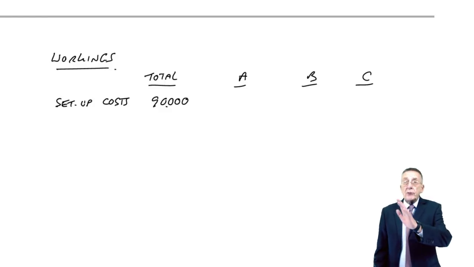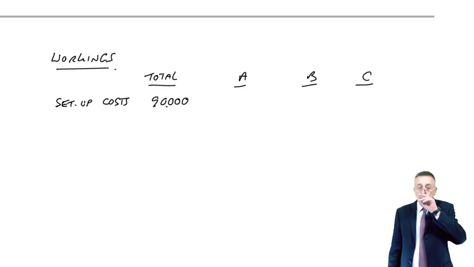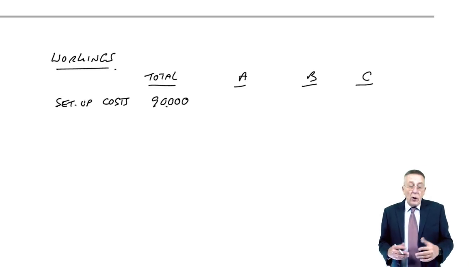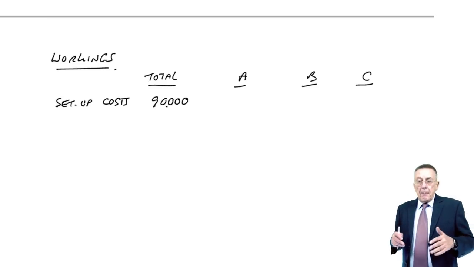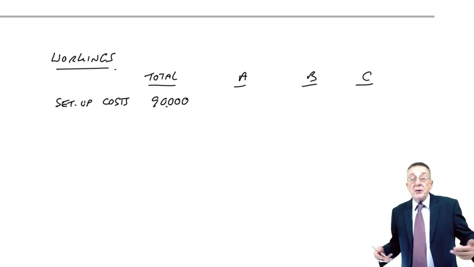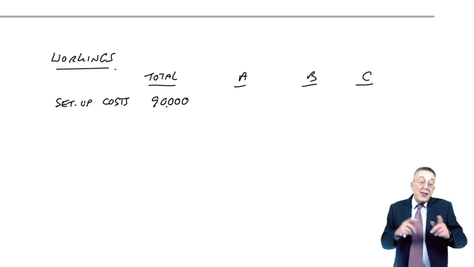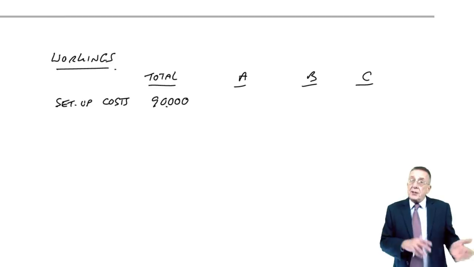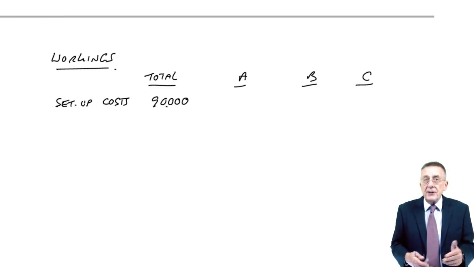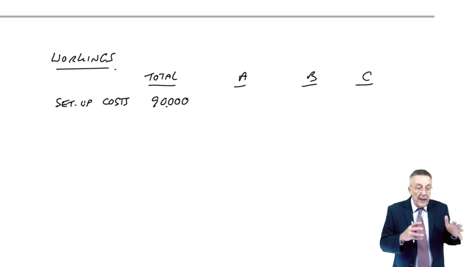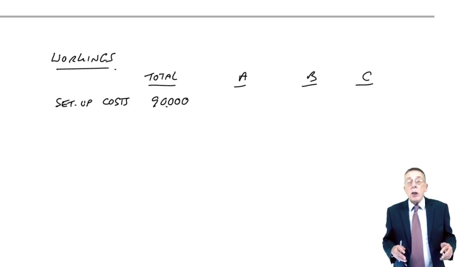But we already know we're producing three different products. Let's assume they're all made on the same machine. What we do is we perhaps set the machines up to make product A and produce maybe 1,000 product A's. And then we decide to use the same machines to make a few product B's. So we need to reset the machines, and similarly a few product C's. So we keep making batches of maybe a few hundred or a few thousand each time.